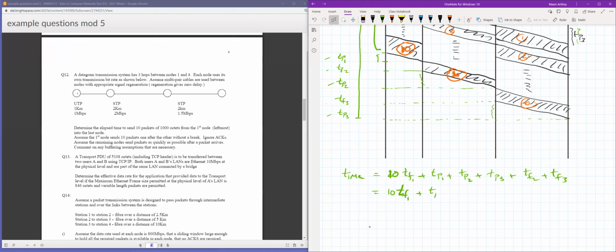So TP1 plus 2 TP1 plus 2 TP1. If you want to put the numerical values, that's fine too. TF2 is half as much as TF1, you can put the numbers.